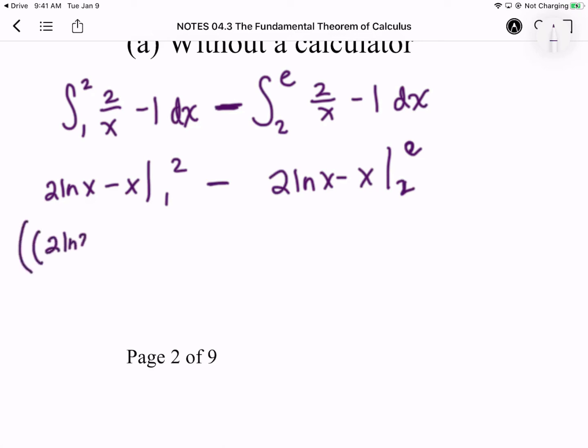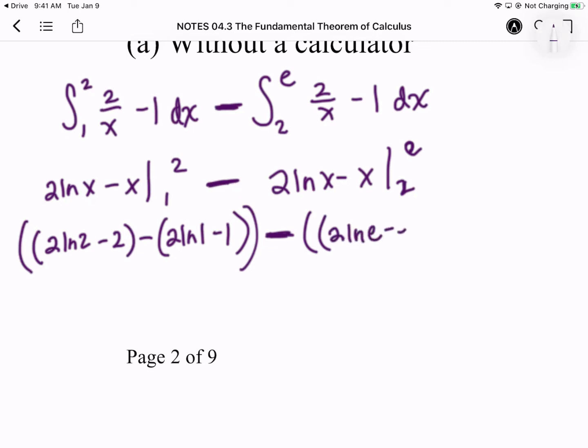So I have 2 ln of 2 minus 2, minus 2 ln of 1 minus 1, then minus, here's this minus sign, 2 ln of e minus e, minus 2 ln of 2 minus 2.